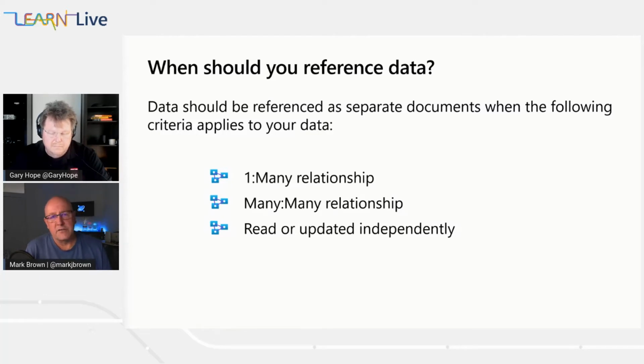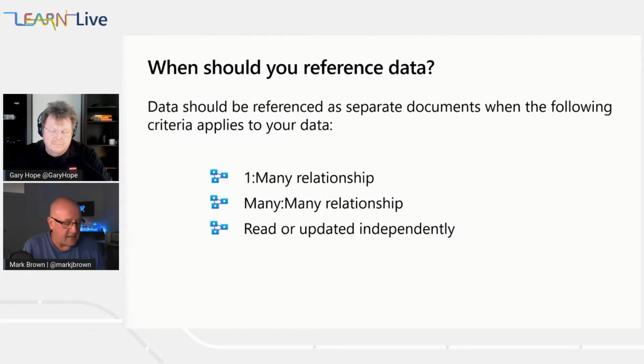The other scenario too is if you have a many-to-many relationship with your data. One of those scenarios we're going to demonstrate here in a little bit when we model our product tags data. So we'll show you why you want to model that as a many-to-many relationship within Cosmos. And then finally, if the data is read or updated independently, much like I talked before, this is a good candidate for where you want to reference data.